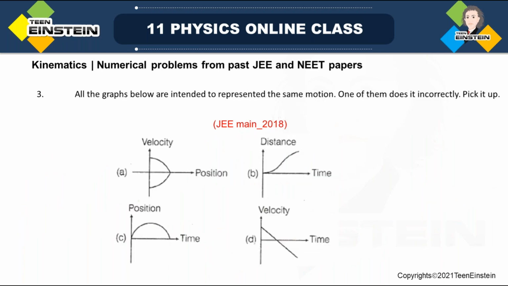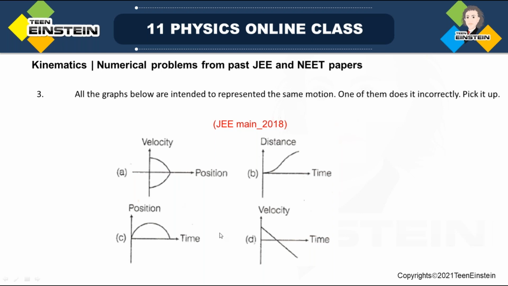Now question third. This question is saying that all the graphs are intended to represent the same kind of motion. One of them does it incorrectly. So suppose we are trying to represent a motion graphically.